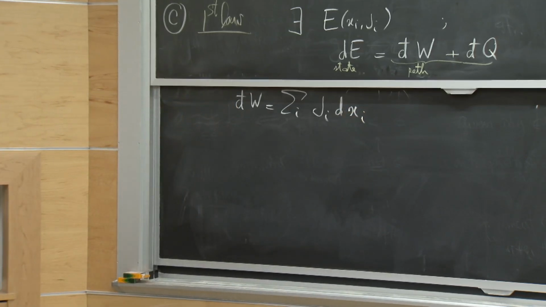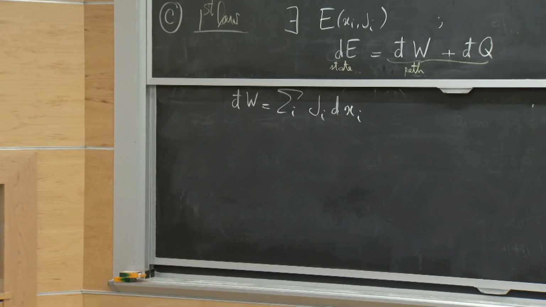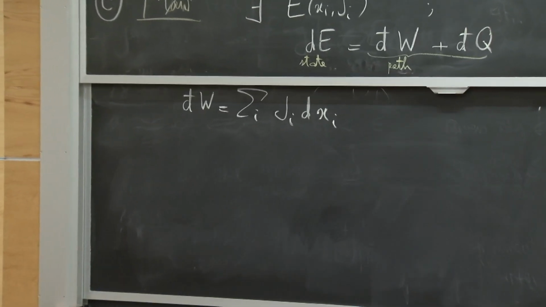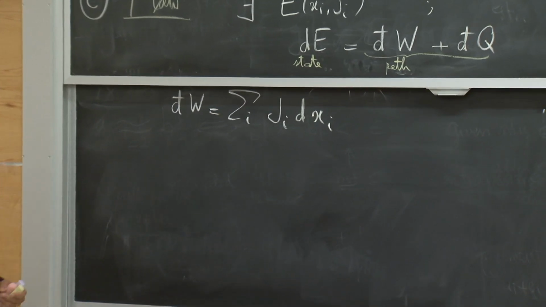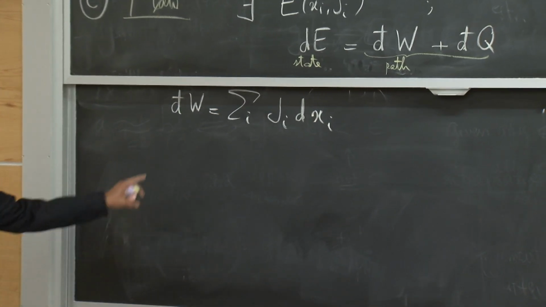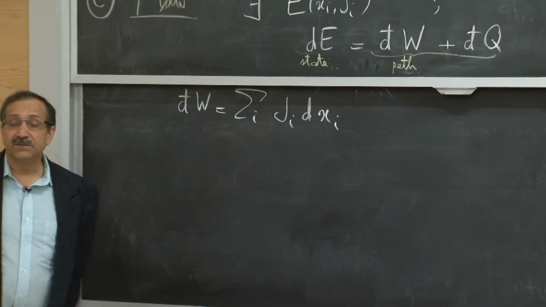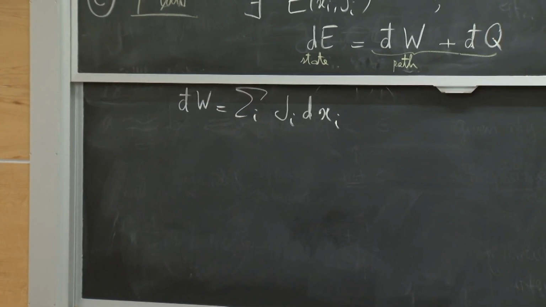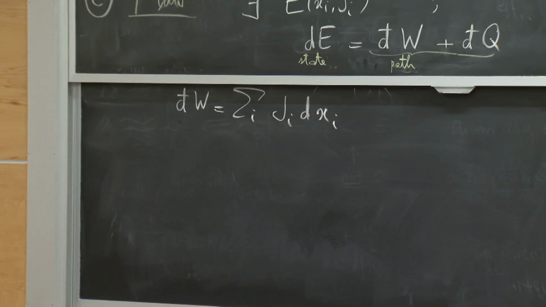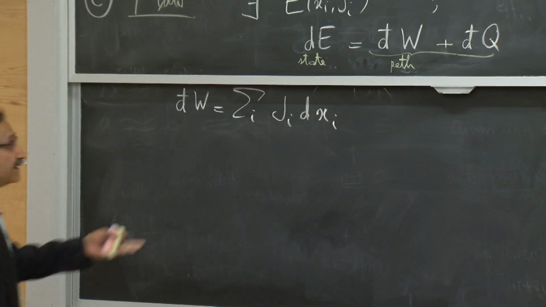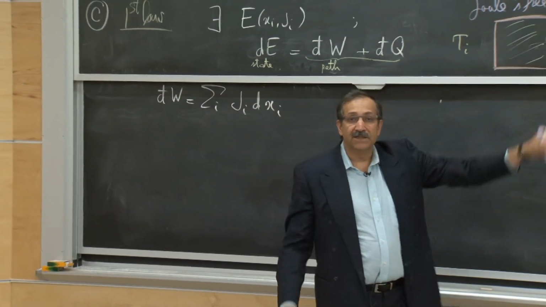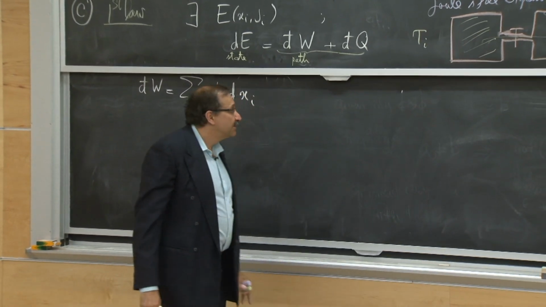Now, of course, you know that I can only do this if I pull on the spring sufficiently slowly, so that the work that I do goes into changing the internal energy of the spring, and that would be a contribution to dE. If I do that rapidly, then it will set the spring into oscillation. I have no idea, again, where the system is in the intermediate stages.